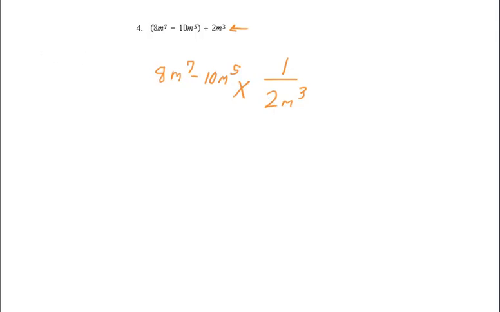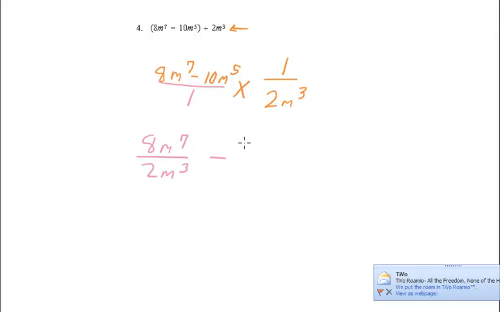This becomes 8m to the 7th over 2m to the third, because we're just simply multiplying numerators and denominators, minus 10m to the 5th over 2m cubed.